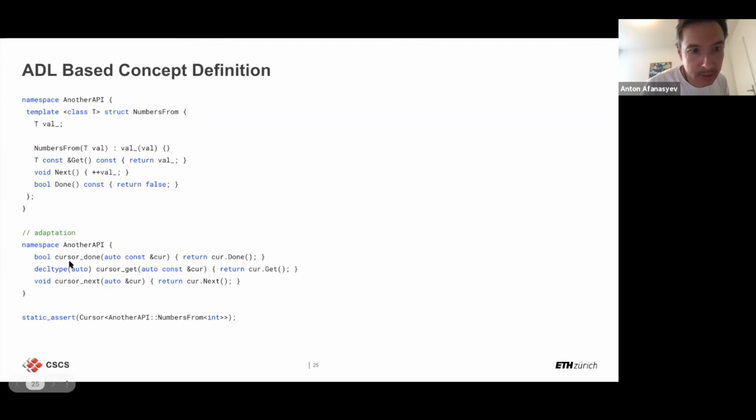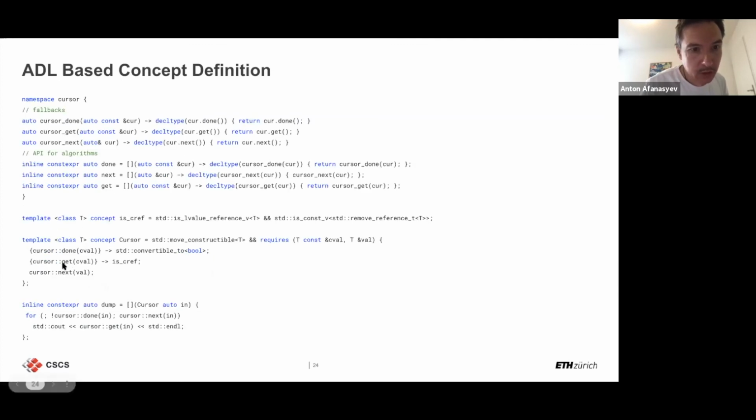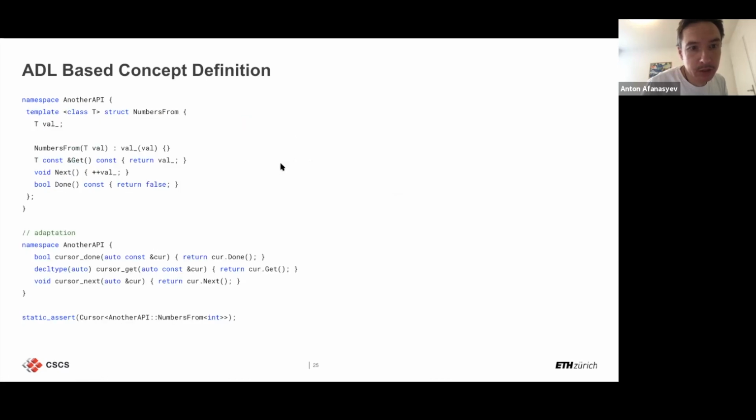Let's track for the done. So here we are calling this nibloid. Nibloid refers to cursor done, and now cursor done is a function, and that's why ADL, argument dependent lookup, is enabled.